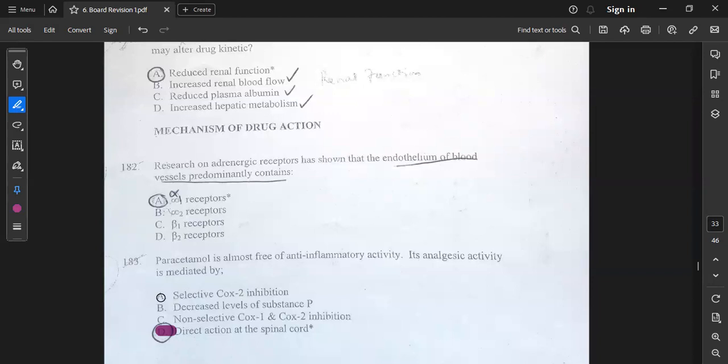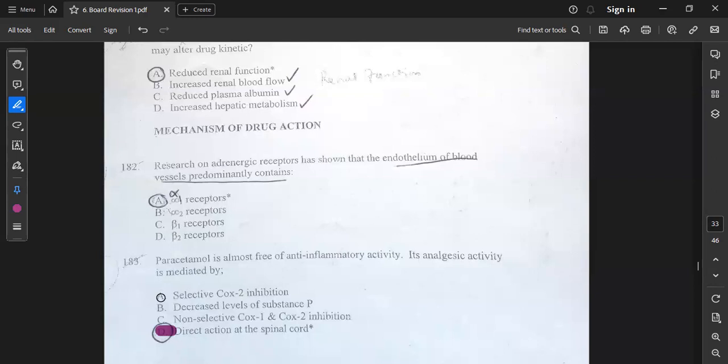When they found the analgesic ability that paracetamol has, especially with fevers, they considered that it has an action on the serotonergic descending pathways. So we know serotonin is a CNS transmitter. Just due to that, I think they considered it might have direct action on the spinal cord.